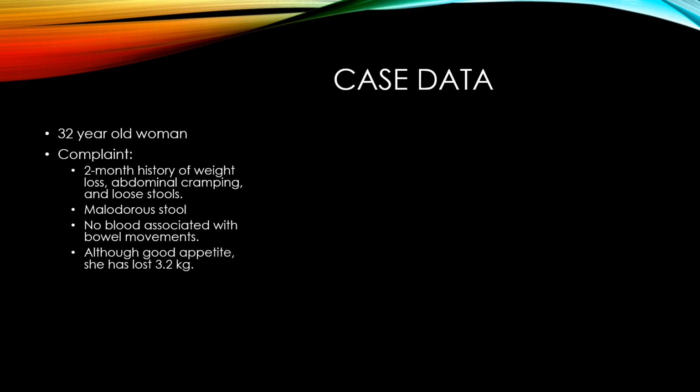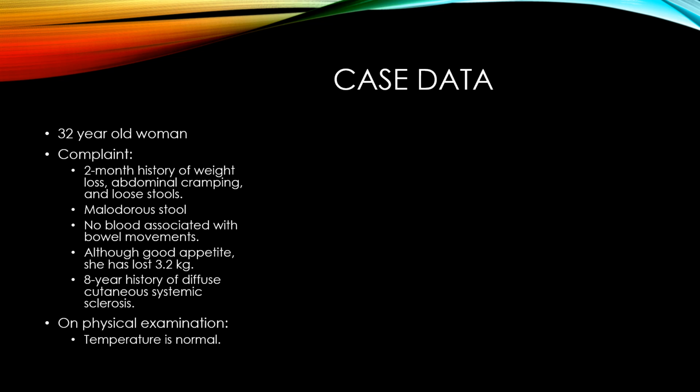Although she has a good appetite, she had lost 3.2 kg over 2 months. The patient had an 8-year history of diffuse cutaneous systemic sclerosis. So the patient is known to have diffuse systemic sclerosis for 8 years, but the recent complaint is 2 months only.